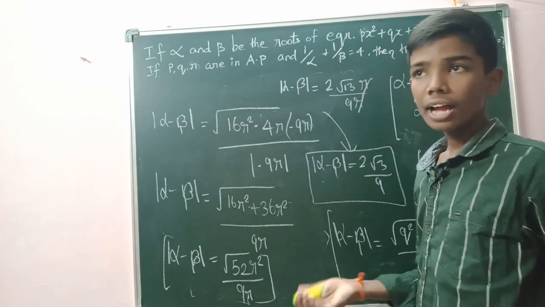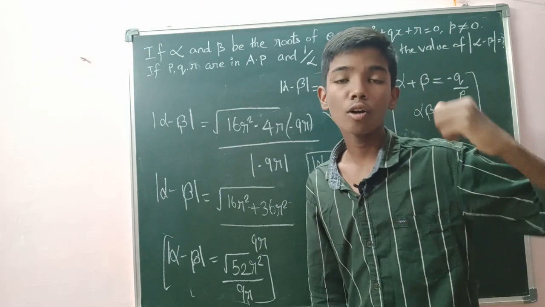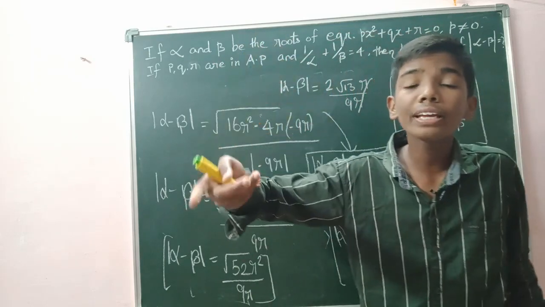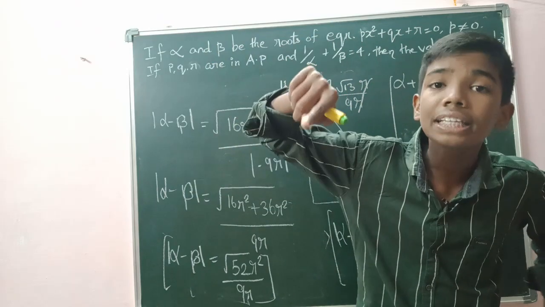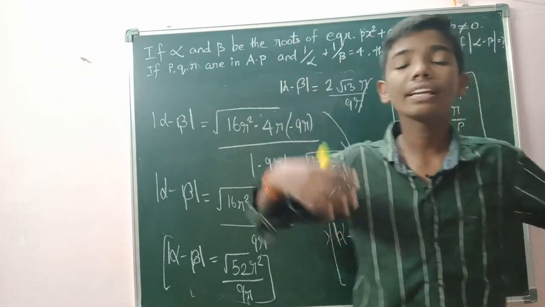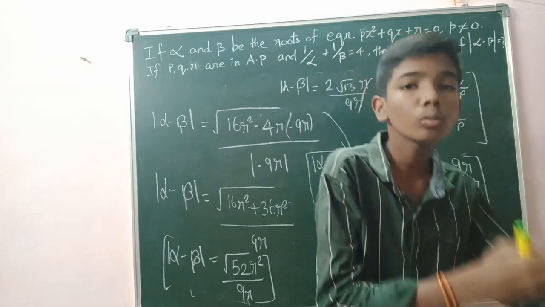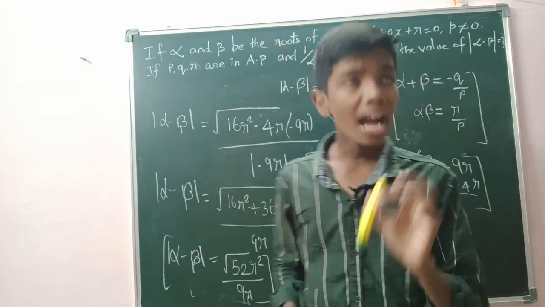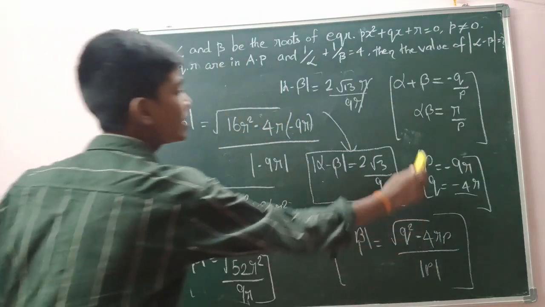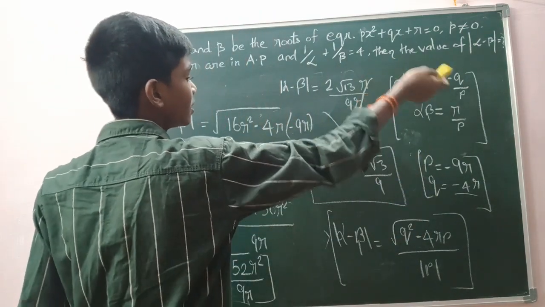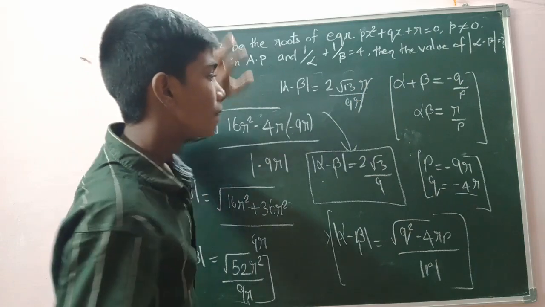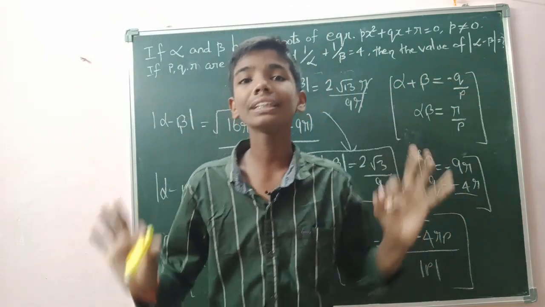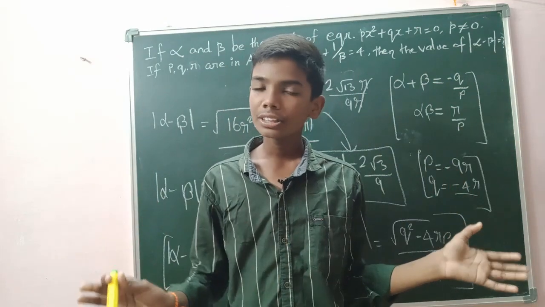Hence, I just used the LCM and I got that alpha plus beta by alpha beta is equal to 4. From that I used the sum of the roots and product of the roots, that is the relation between the roots and the coefficients. And then I arrived at some value, and using that I found out the value of P and Q, and I just used the particular value of P and Q in alpha minus beta using a special algebraic identity, and that's all, it's over.